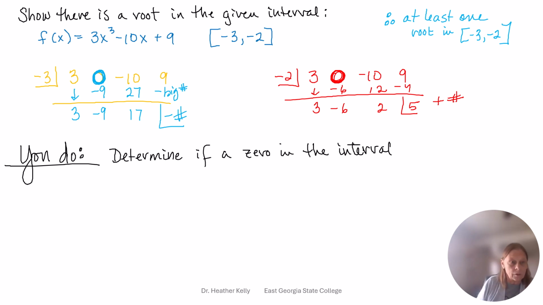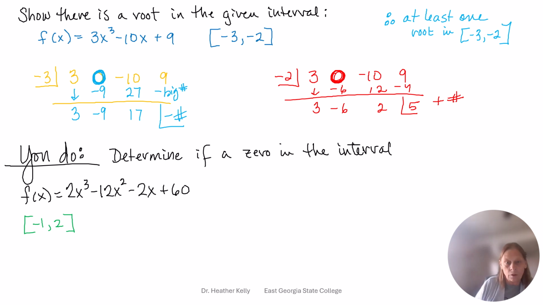Okay, let's see, our f of x is equal to 2x cubed minus 12x squared minus 2x plus 60. And I'm going to give you 2 intervals to check. The first one is going to be -1 and 2. And the second one is going to be 4 and 7. Okay, I'm going to give you a couple minutes to finish this. This is our last problem.